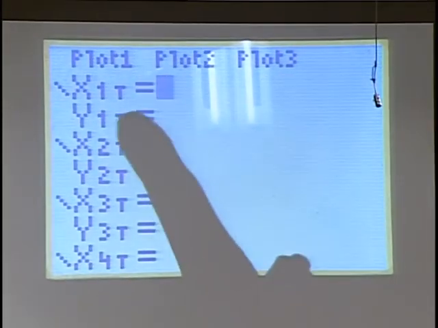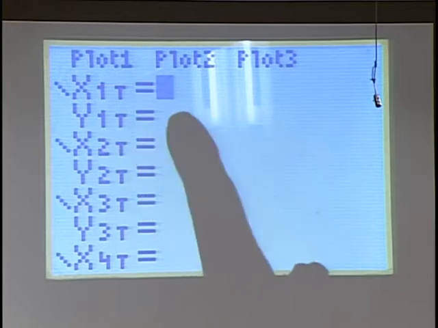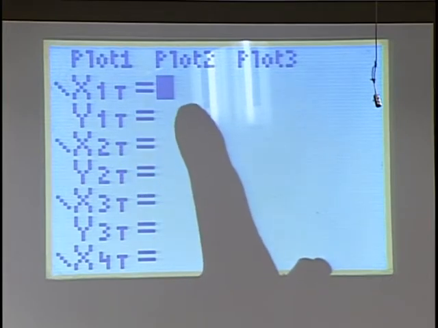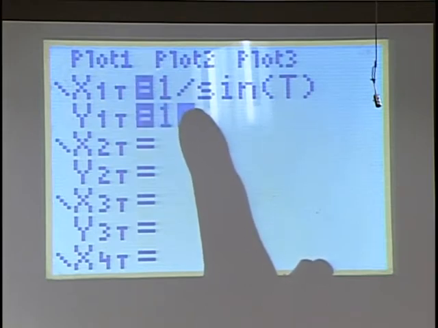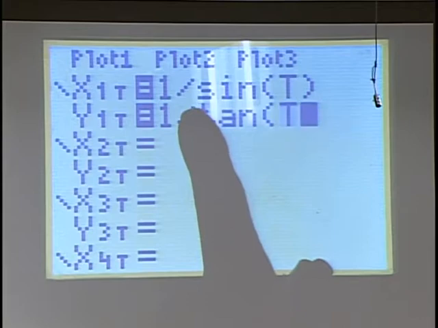And so here I can now define x and y separately in terms of a variable t. I'm going to put in 1 divided by sine of t. And for my y values, I'm going to put in the reciprocal of cotangent, which is tangent: 1 divided by the tangent of t.